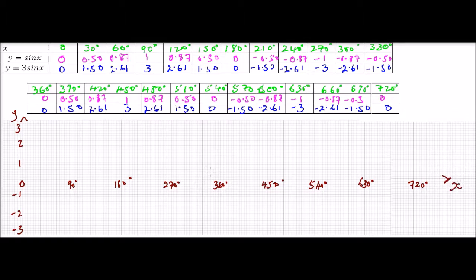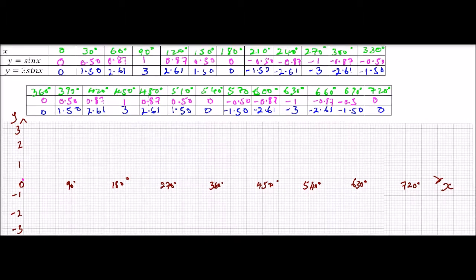Now, on the same Cartesian plane, let's identify the points that we use to plot our graph. So we are going to start with y equals sine x. So at 0 we have 0. Then 30 is here, we have 0.5.